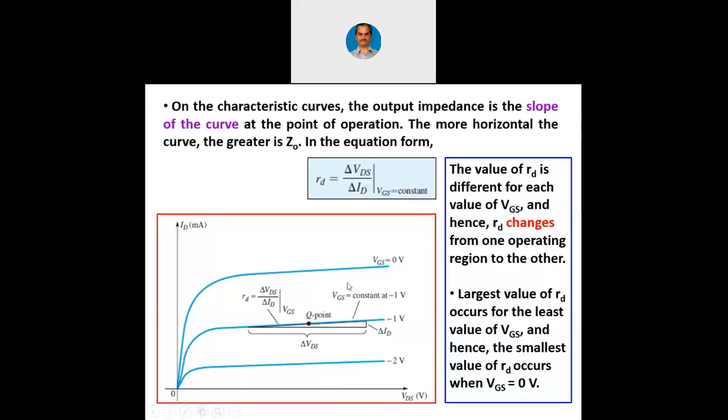And the uppermost curve is slightly away, and there is a slight difference compared to the parallel nature to the x-axis; we can always see this difference here. So the largest value of RD occurs for the least value of VGS, and the smallest value of RD occurs when VGS equals 0 volts.